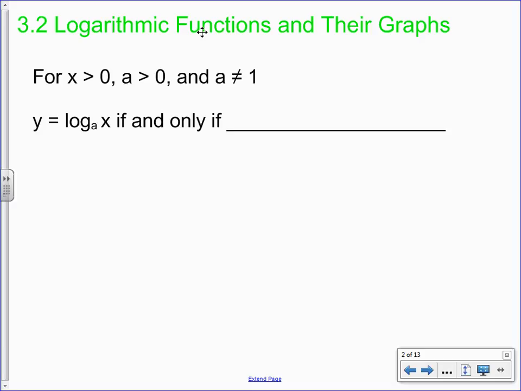So you tell me, if we have y equals log base a of x, that means the same as what? Our base is a.